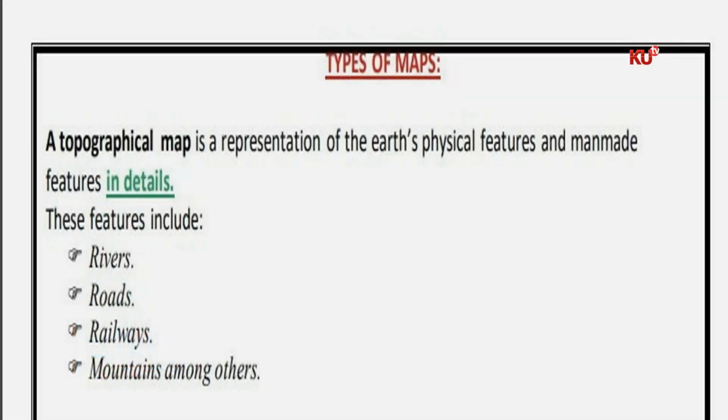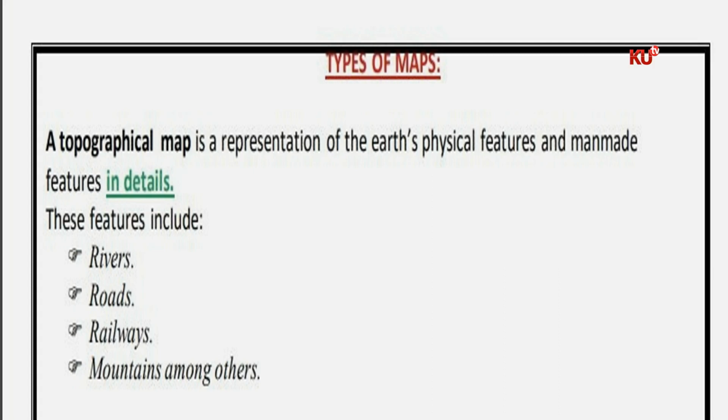A topographical map is a representation of the Earth's physical features and man-made features. These details are always presented on a key. These features can be rivers, roads, railways, mountains, among other physical features.